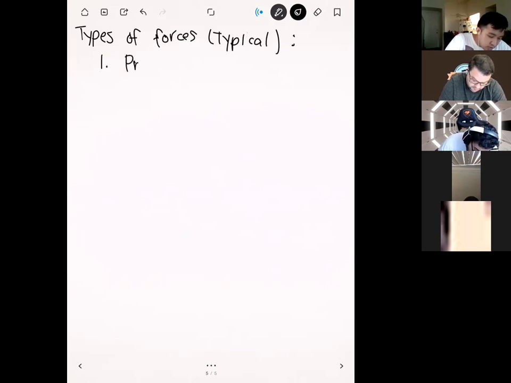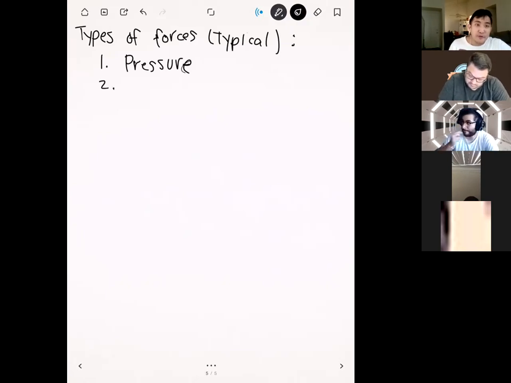First of all, we have pressure. We already know this from Bernoulli. Pressure and velocity have a relationship where if you have a high inlet pressure and a low outlet pressure, that's going to cause the flow to move in that direction. We've seen that from Bernoulli already.